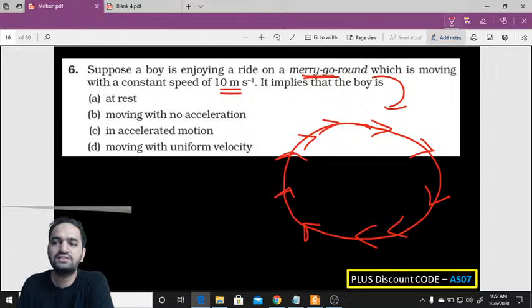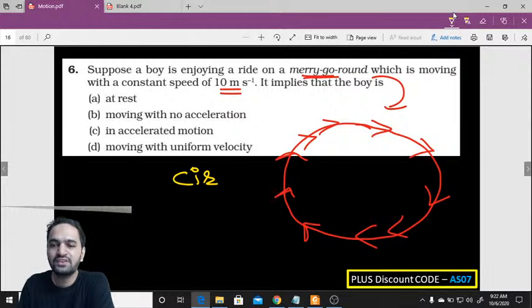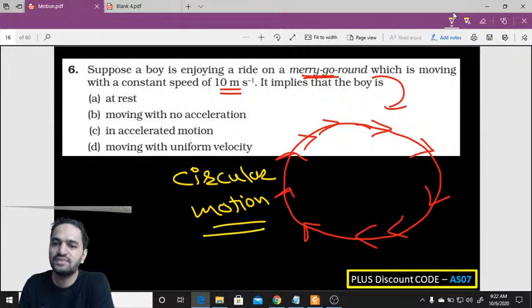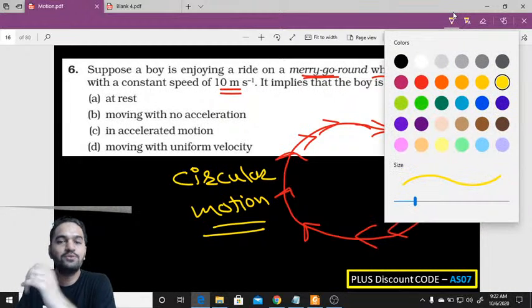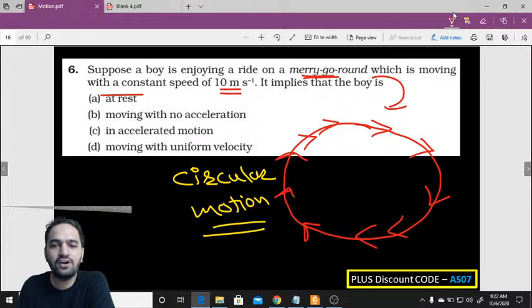What kind of motion is this? You can write it in the comment section. This is circular motion, right? In circular motion, you definitely have acceleration. Agreed? So the boy is definitely not at rest.